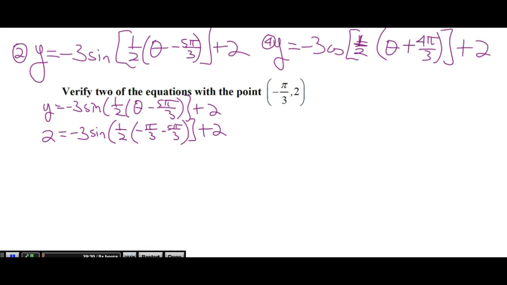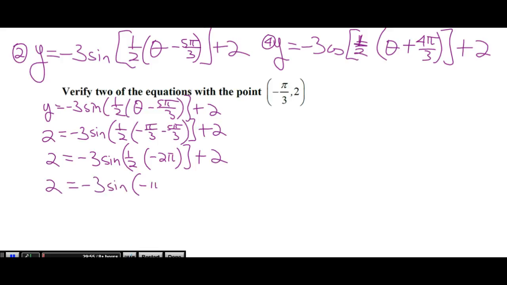So what's negative pi over 3 minus 5 pi over 3? 6 pi over 3. What's another way to say that? Negative 2 pi. So half of negative 2 pi is negative pi, and the sine of negative pi is?